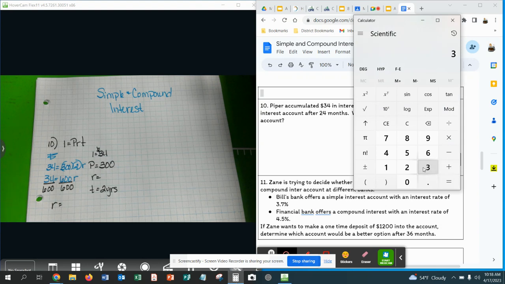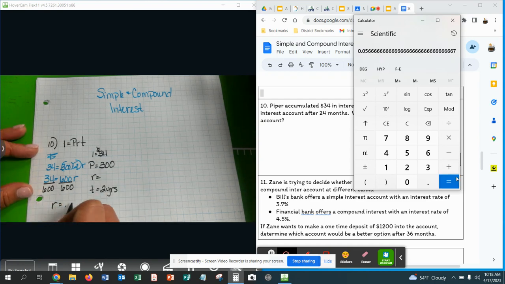We're going to say 34 divided by 600, because we want a percent, right? So that equals 0.0567 repeating, so your rate is 5.67%. Cool?